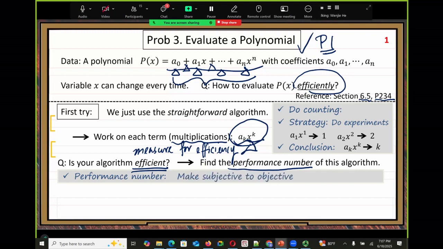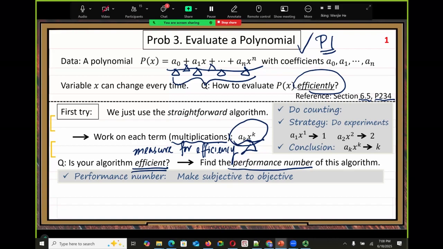And this goes from subjective to objective. When you say one algorithm is efficient, for different people their efficiency description could be different. One person may feel this algorithm is efficient, but a different person may feel it's not efficient.